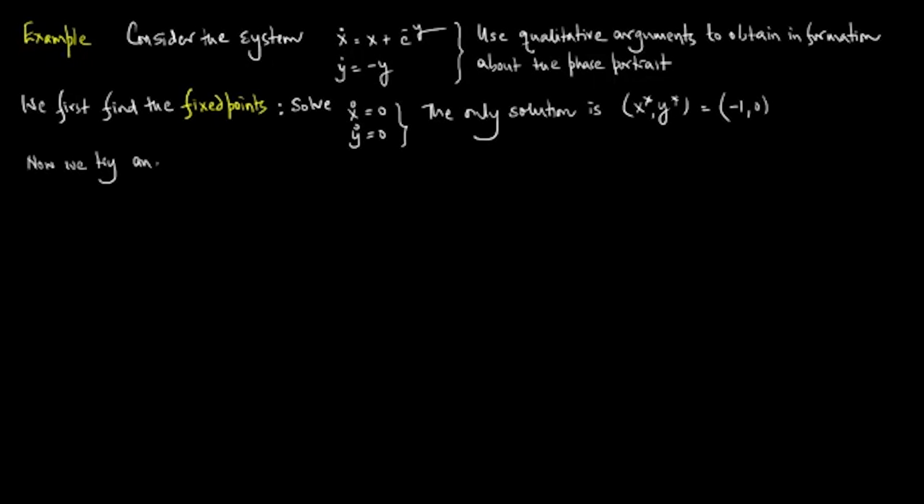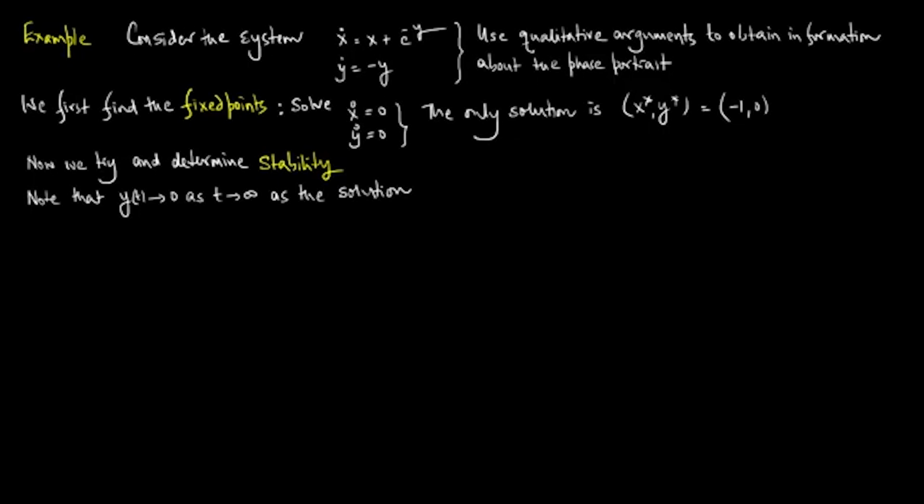Now we try and determine stability. Note that y of t tends to 0 as t tends to infinity, as the solution to y dot is equal to minus y is y of t is equal to y naught e to the minus t.